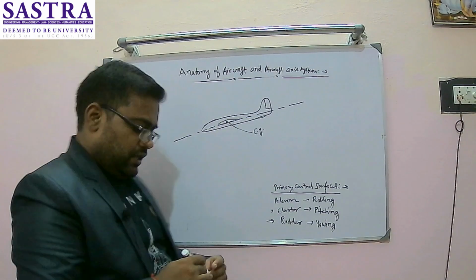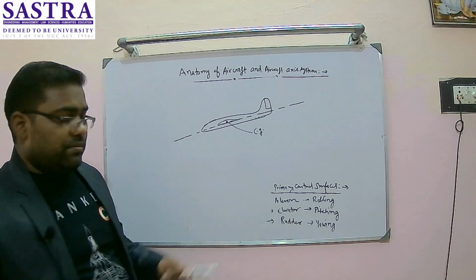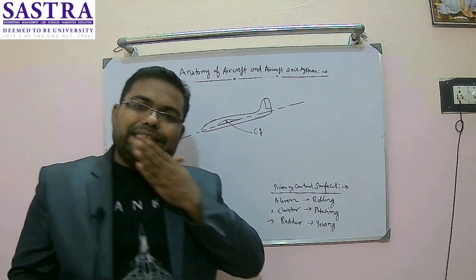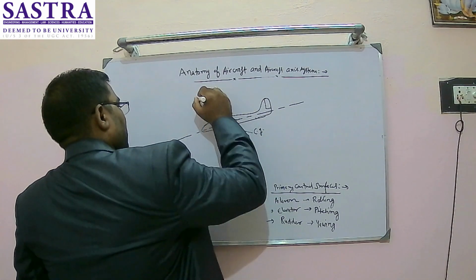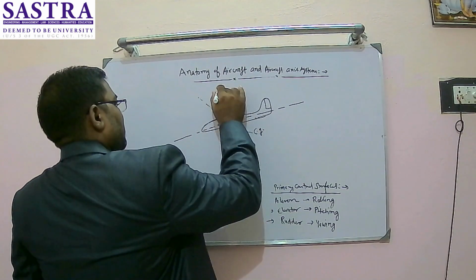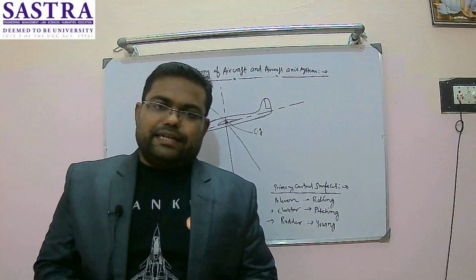If I draw a horizontal line passing through the CG and going from the front of the nose of the aircraft up to the tail of the aircraft, this is one axis. Second one, I can draw from one wing tip to the other wing tip passing through the CG. Third one, perpendicular to these two, I can draw in this way. So like that, I can draw three axes.